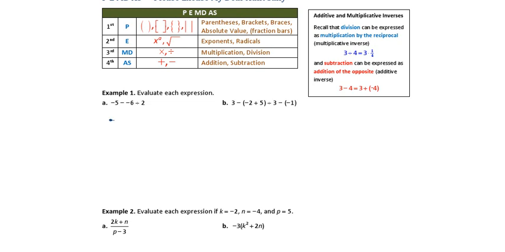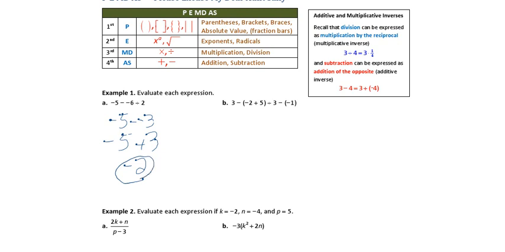So I'd have -5 minus, well, -6 divided by 2 would be -3. You could rewrite this, because when you take minus and negative, it'd be plus. So you're actually taking -5 plus 3, which gets us a final answer of -2.